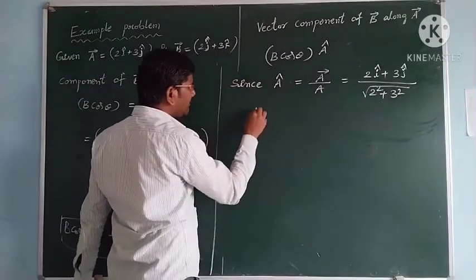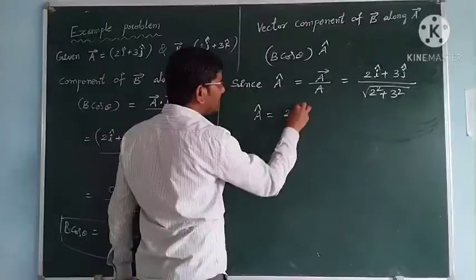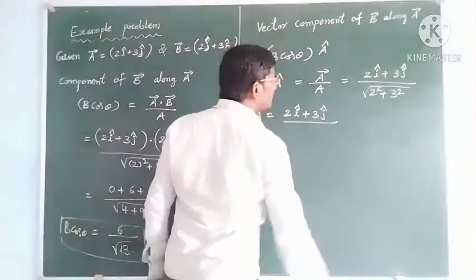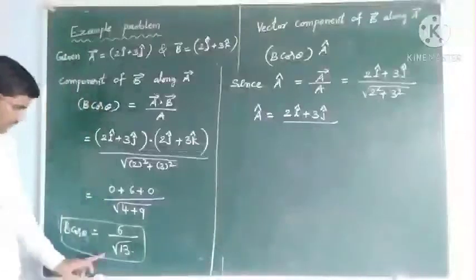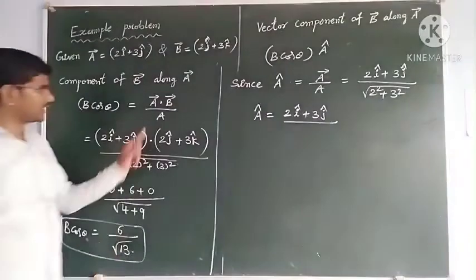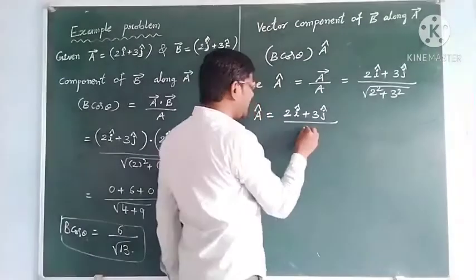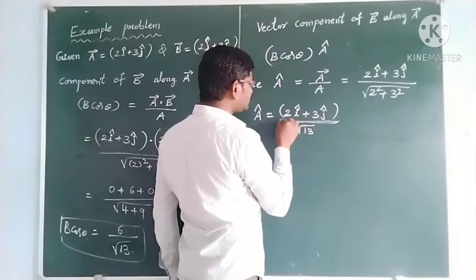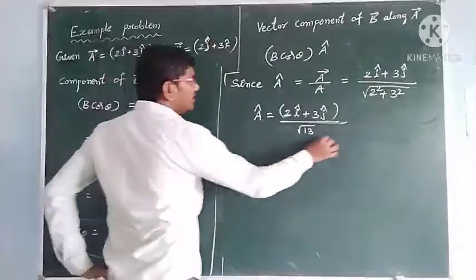Then a cap is equal to 2i cap plus 3j cap by 2 square plus 3 square, this is 4 plus 9. Magnitude of a we have already found, so you will get root 13. Okay students, this is a cap value we have.